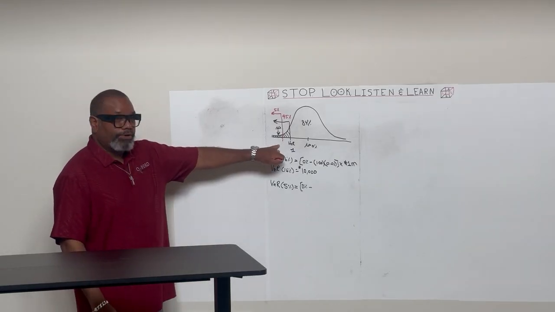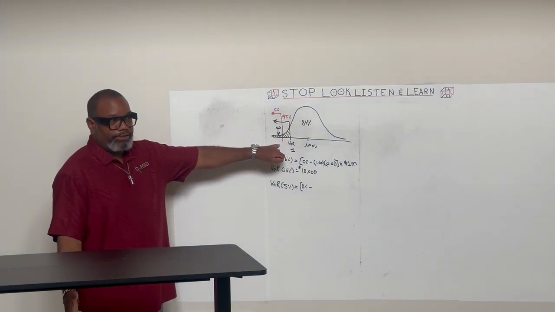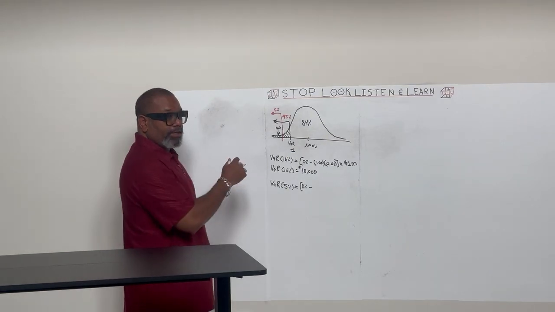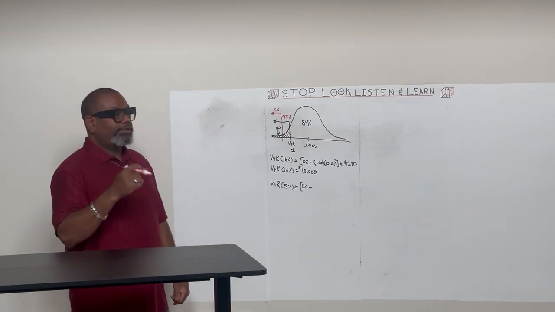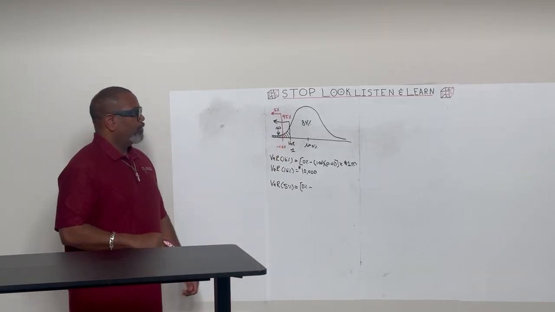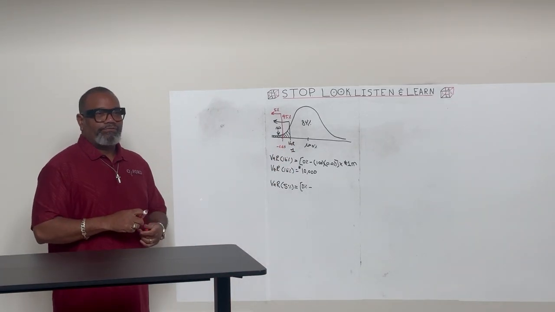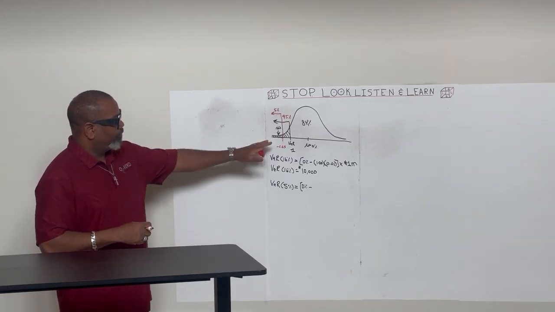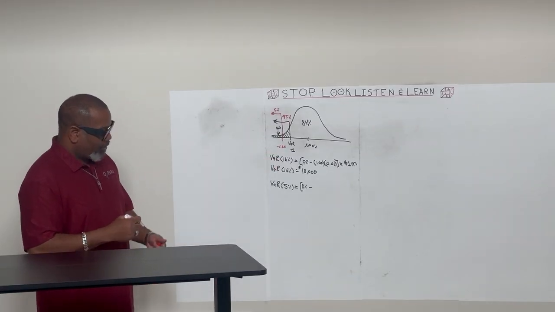Then the Z-score here, which is basically the quantile, would be negative 1.65, or some people say negative 1.645, let's just round it to negative 1.65.